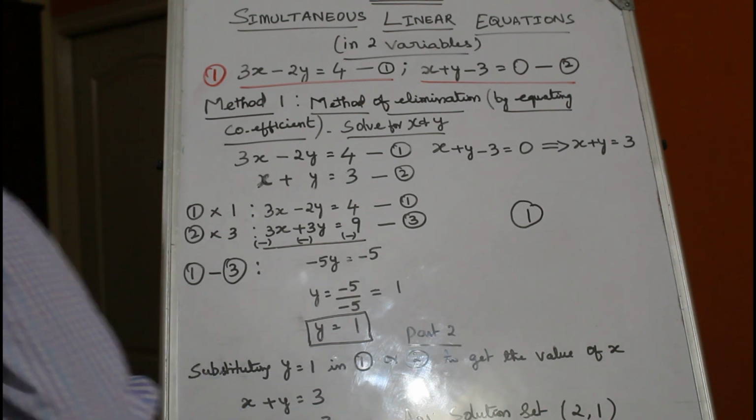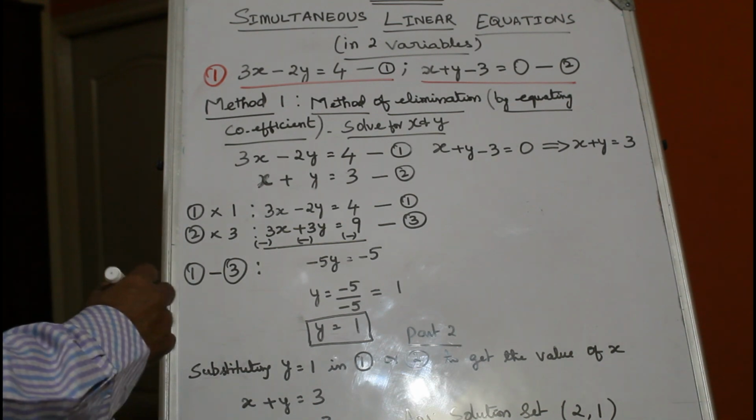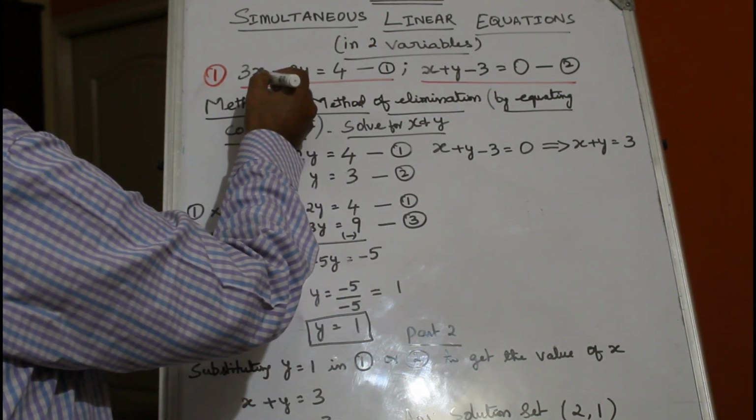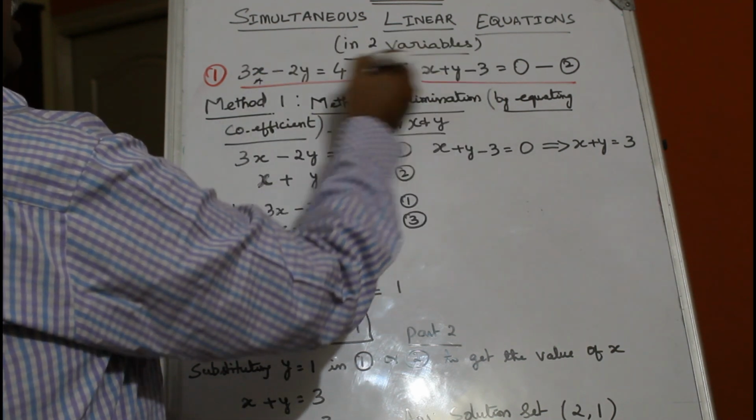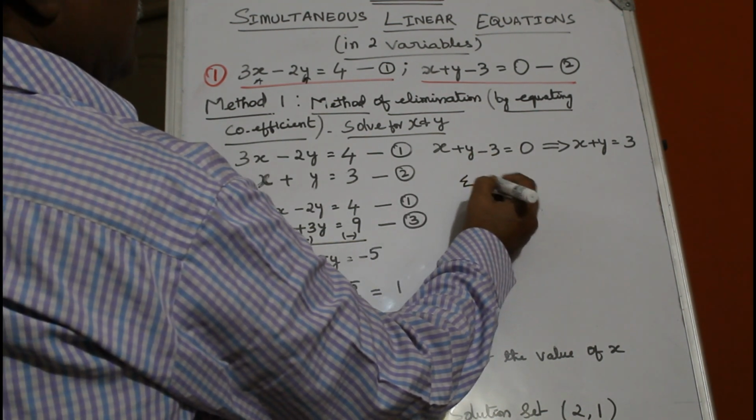Now look here, we got two unknowns, x and y. X is one unknown and y is another unknown. So to eliminate, you must equate the coefficient of x or y.